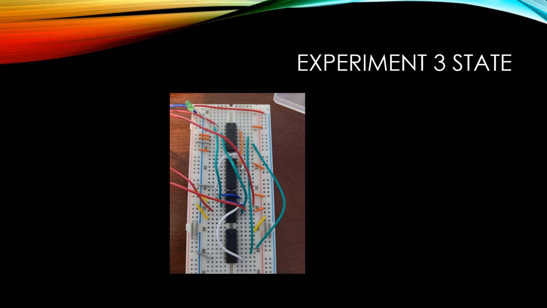Unlike the first lab, there was a lot more jumpers, and there was a lot more changing or going from the ground and voltage lines to the actual decoders and NOT gates and those, and it just took a little bit longer to actually make the breadboard up, but after I troubleshooted and everything, it did start working properly, and I'll talk about that a little bit more in the next slide.